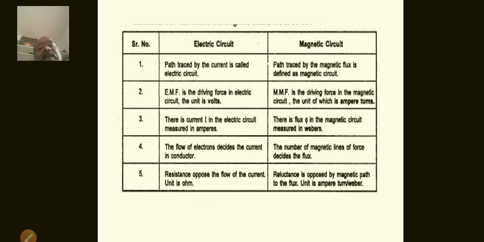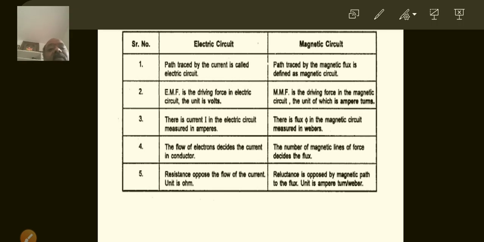So there is a current I in the electric circuit measured in amperes, but here what happens? The flux phi in the magnetic field is measured in Webers. And another difference: the flow of electrons decides the current in the conductor, but here the magnetic lines of force decide the flux.